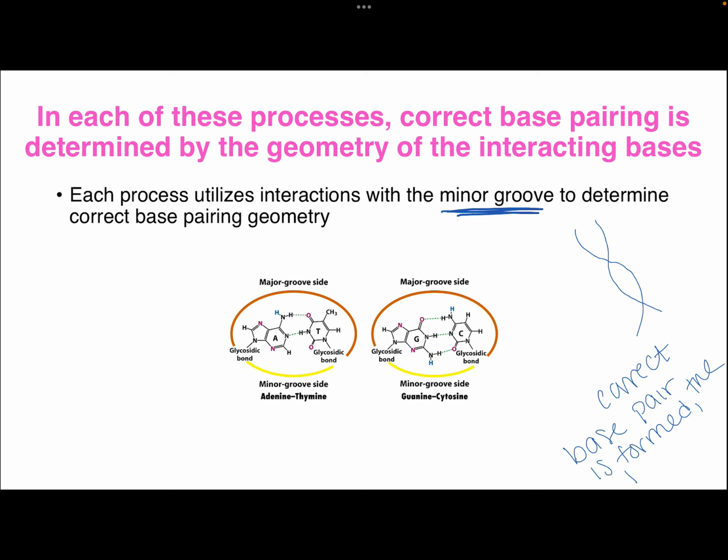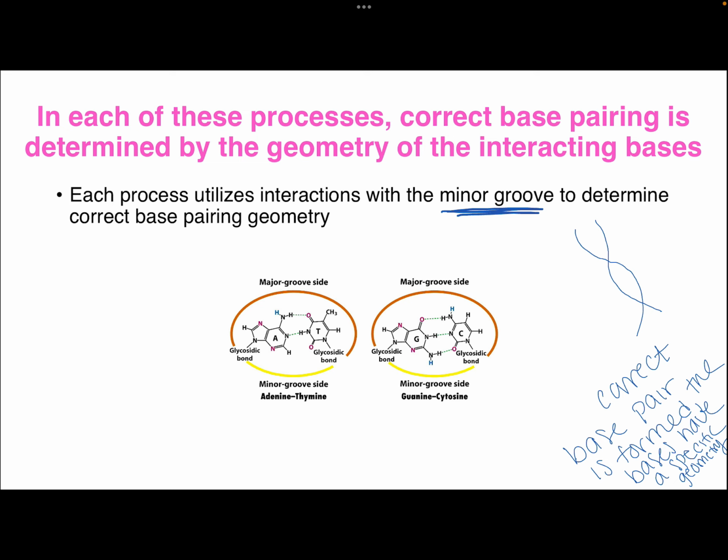The bases have a specific geometry. And this geometry is only possible if you have the correct base pairing interactions.